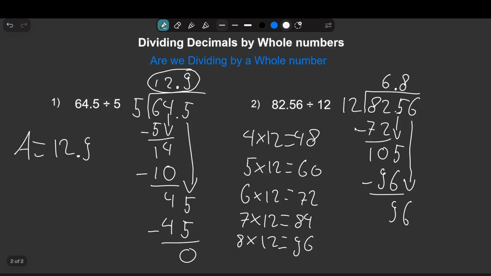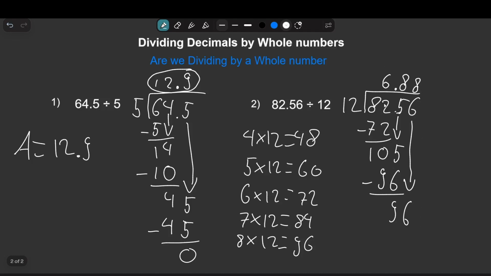So now we repeat one more time, and we have to divide. 96 divided by 12, or how many whole groups of 12 fit into 96. As we saw here, 8 times 12 equals exactly 96. So 12 fits exactly 8 times into 96.